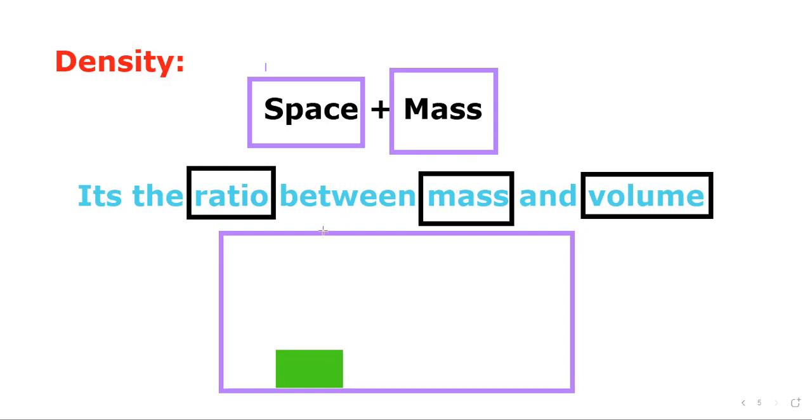So the ratio between mass and volume is called density. Its formula, how do we measure it? Its formula is mass over volume.